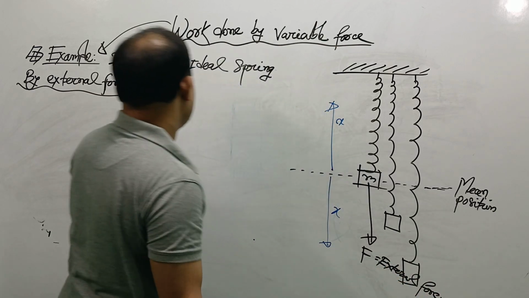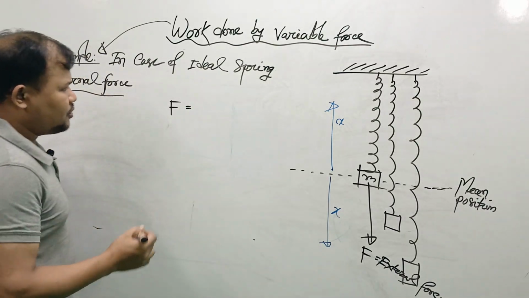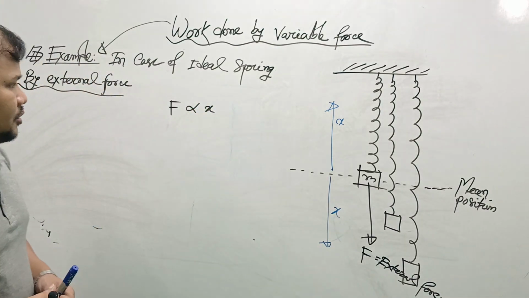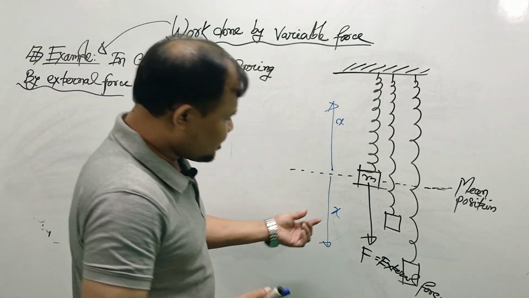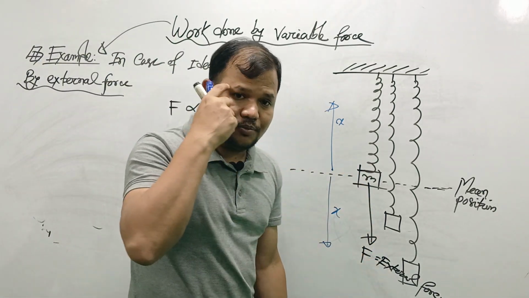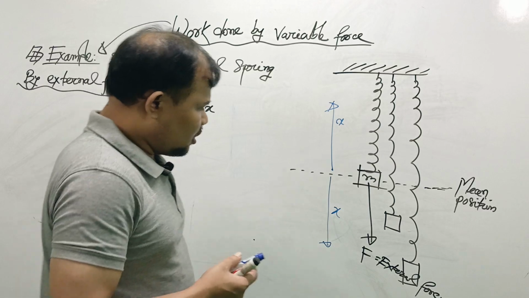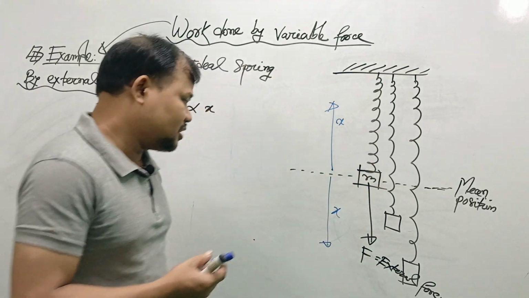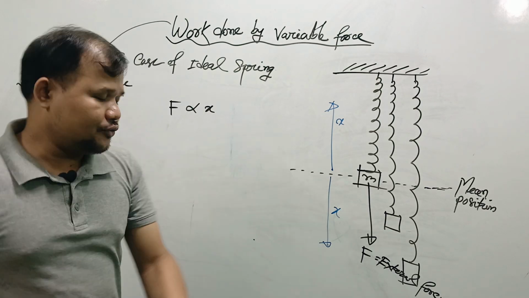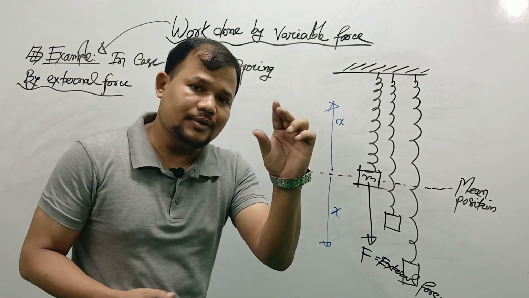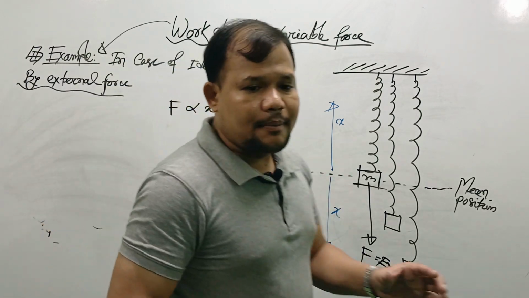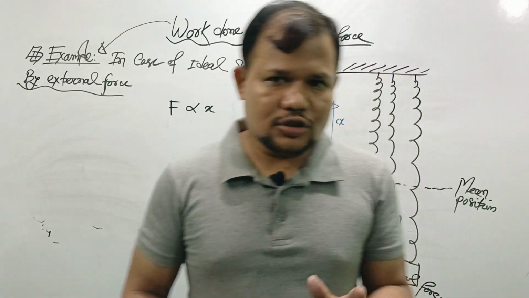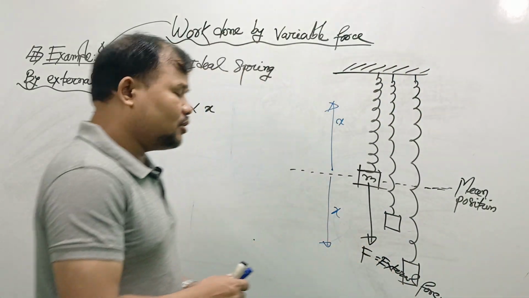My dear students, we know the relation between the external force and displacement is proportional. Why? Because this is the direction of the applied force and this is the direction of the displacement. If we apply a very small amount of force, then the displacement will be very small, and if we apply a large amount of force, or increase the magnitude of the force, then the displacement will increase.